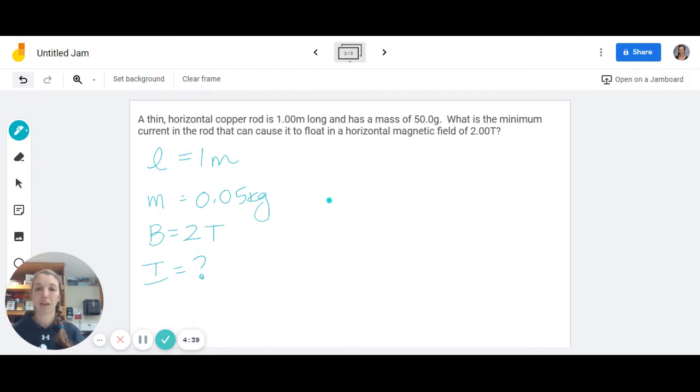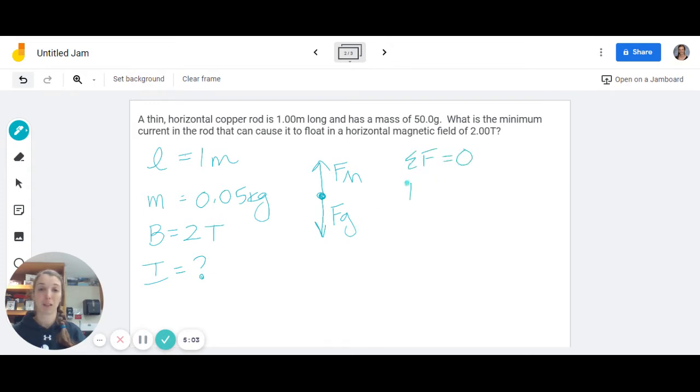So if you think about what we are trying to achieve, we want this rod to be levitating, right? To be floating. So it's going to have a force of gravity acting down and a magnetic force acting up. And we want these two to be equal to each other. So we want the net force to be equal to 0.